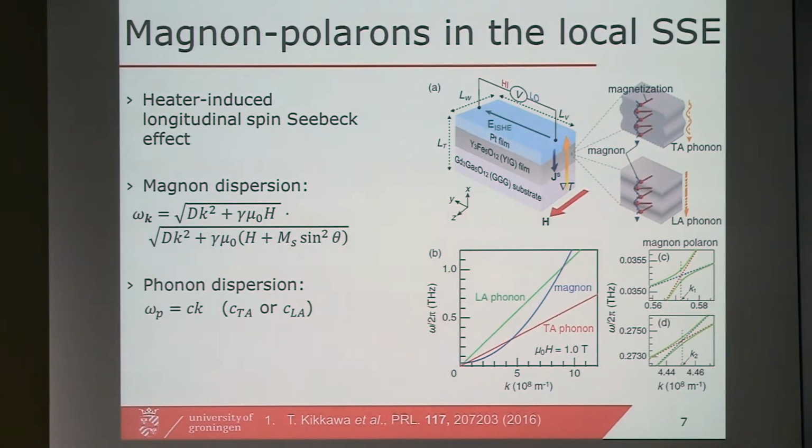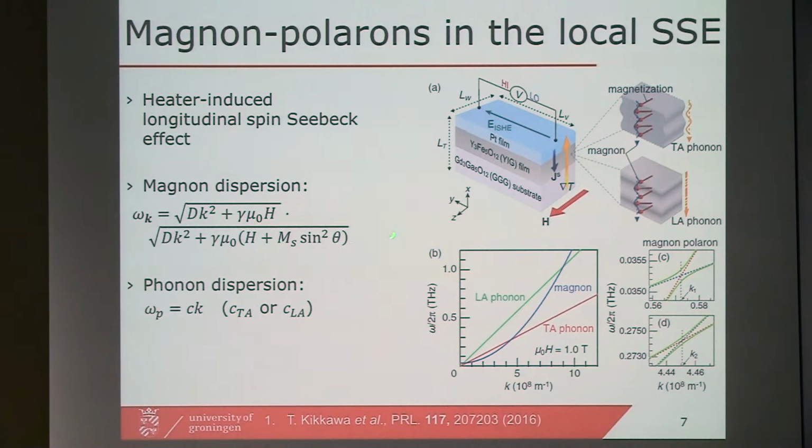And now what is neat about this is that via the external magnetic field, we can actually shift the magnon dispersion to reach a field where the effect of this magnetoelastic coupling is maximized.